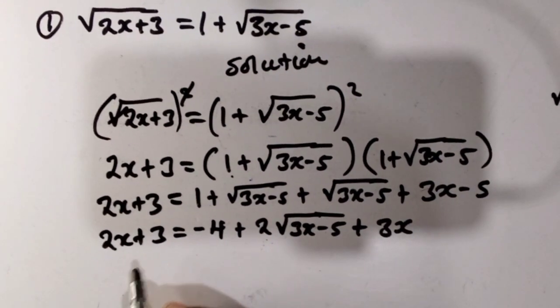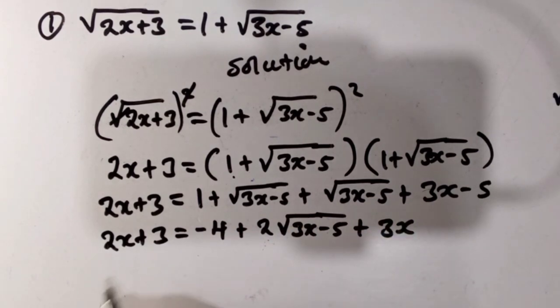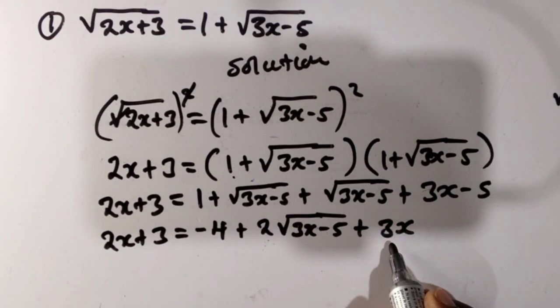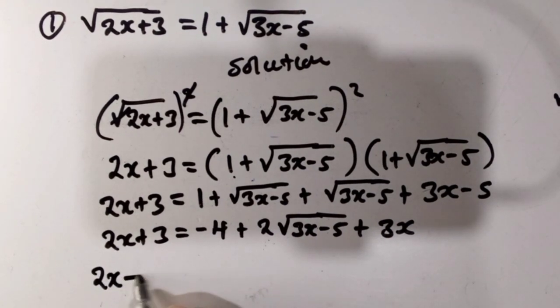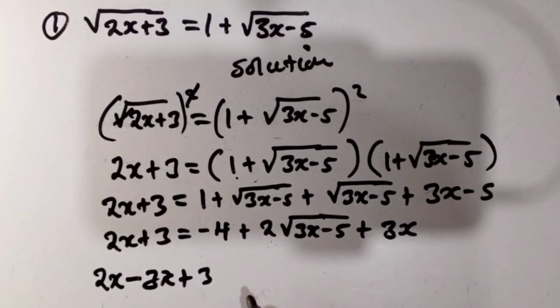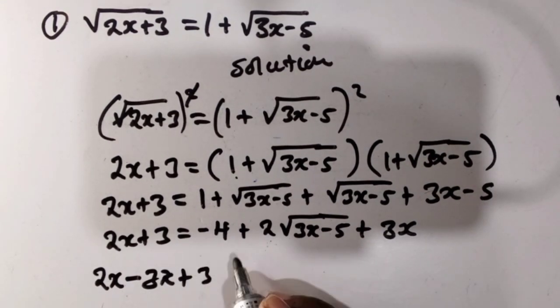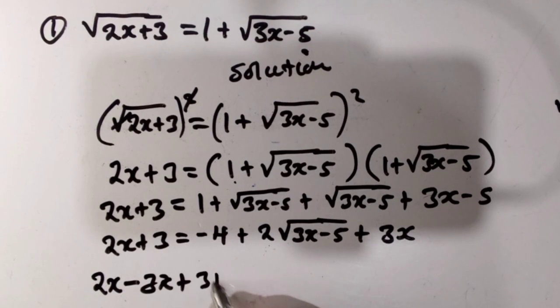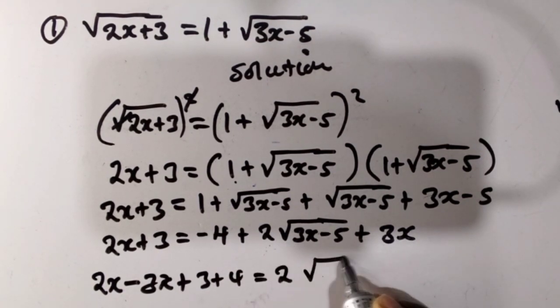Now we take this term to the left side, in which when you subtract 3x here, we have 2x minus 3x, then plus 3. When minus 4 crosses the equal sign, it becomes positive 4, which equals 2 root 3x minus 5.